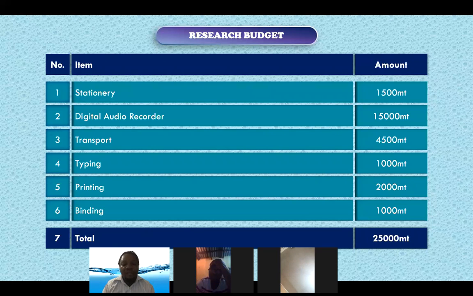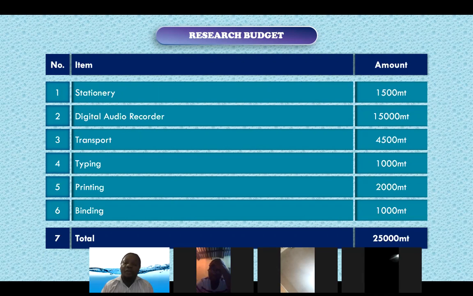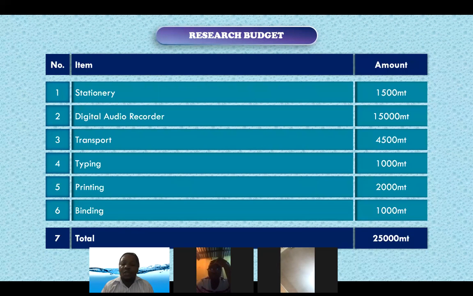And printing, if you don't have a printer at home, maybe you need to go to a print shop to get your dissertation printed. You need to budget for printing. So I budgeted 2,000 Metcash. And you also need to have your paper bound. You also need to budget for binding. I budgeted 1,000 Metcash for binding.